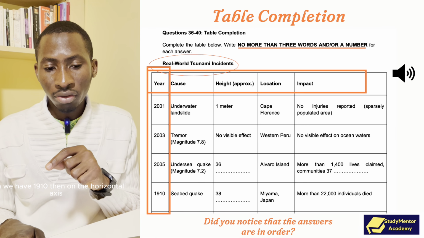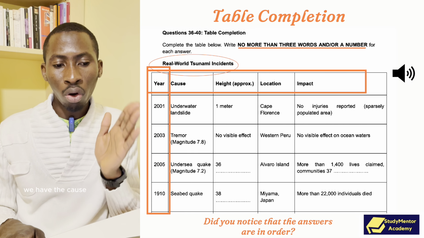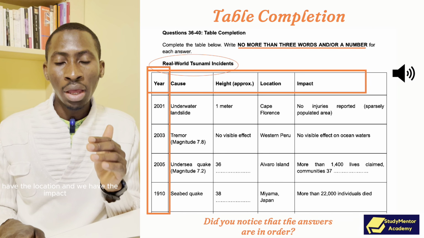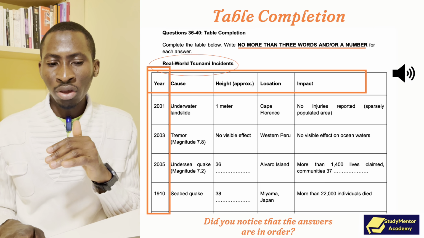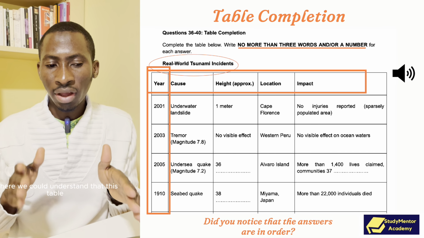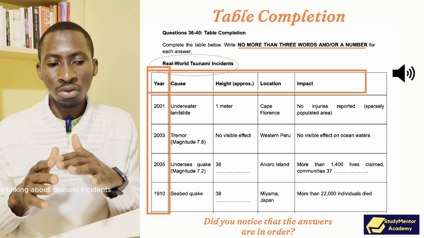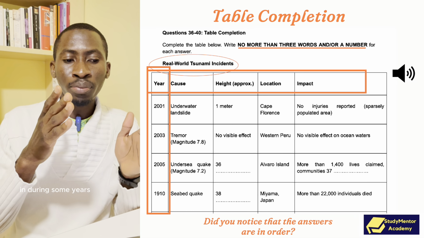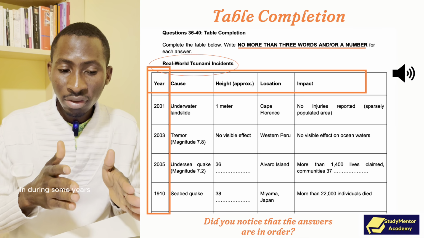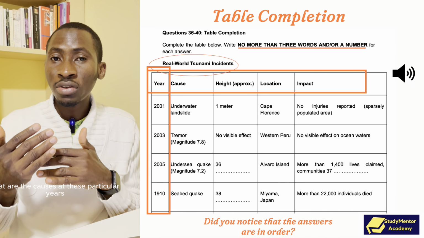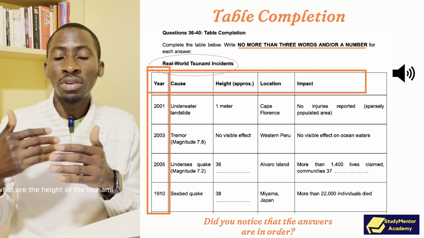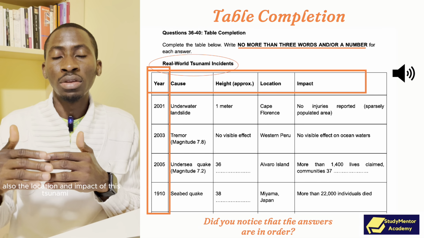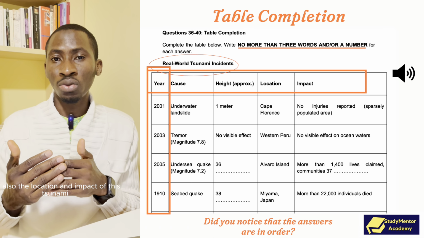Then on the horizontal axis, we have the cause, the height, the location, and the impact. So here, we could understand that this table is talking about tsunami incidents during some years, and at the same time, what the causes were in these particular years, what the height of the tsunami was, and also the location and impact of the tsunami.